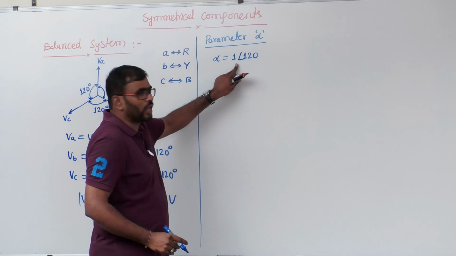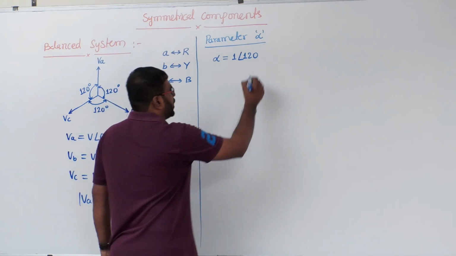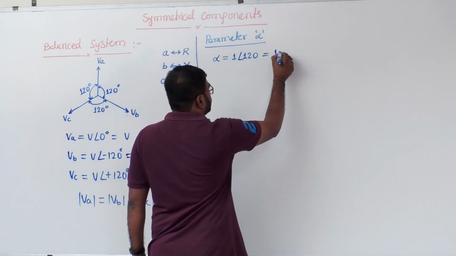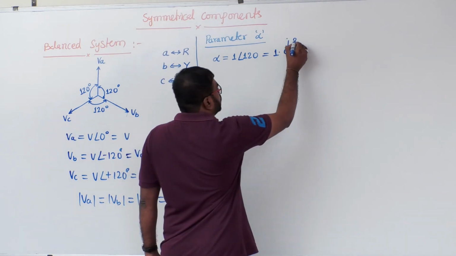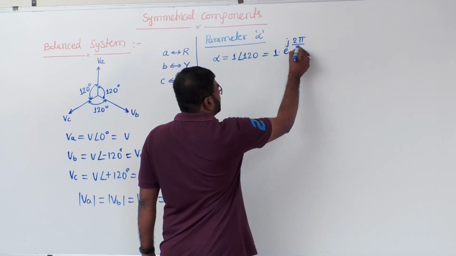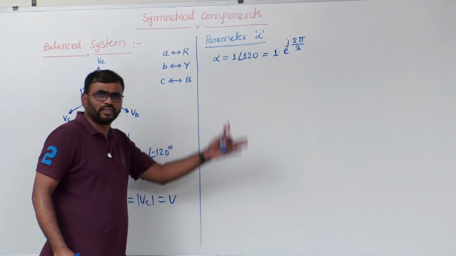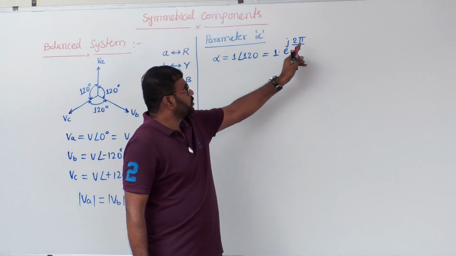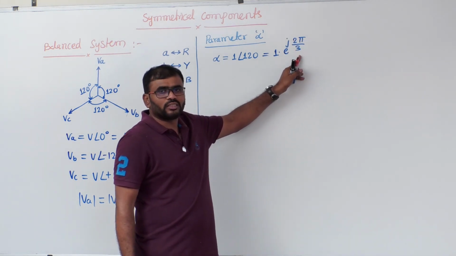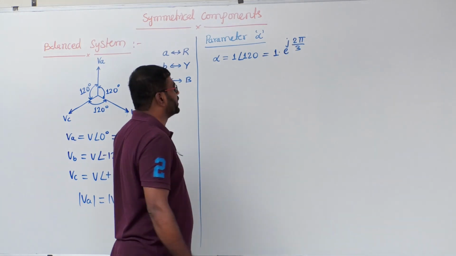So, this is in polar form. In exponential form, we can write magnitude 1 at an angle e power j 2 pi by 3. 2 pi by 3 means 120 degrees because pi equals 180 degrees. So, 2 into 180 by 3, 360 by 3, again we get 120 degrees.